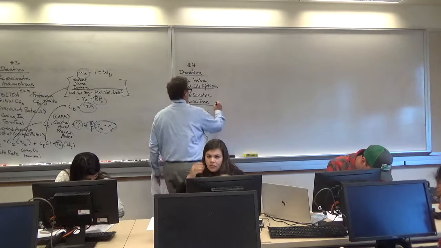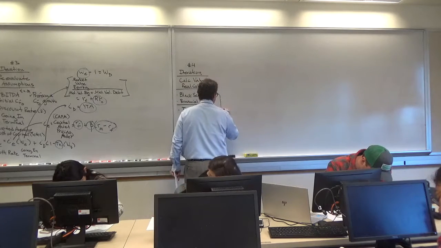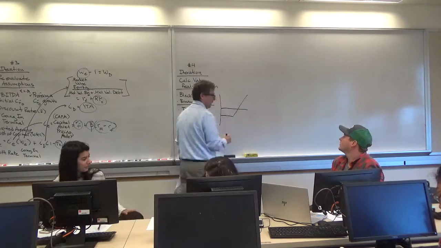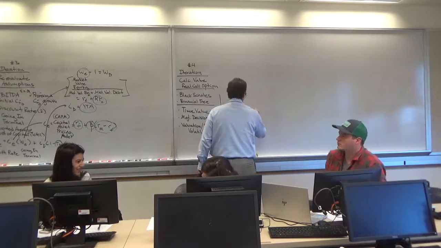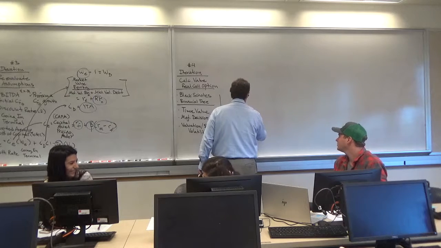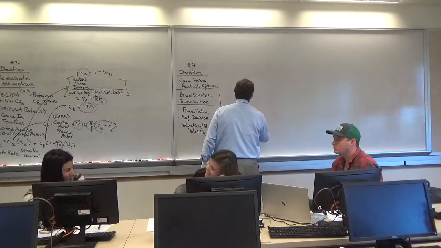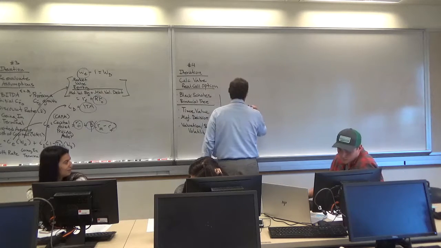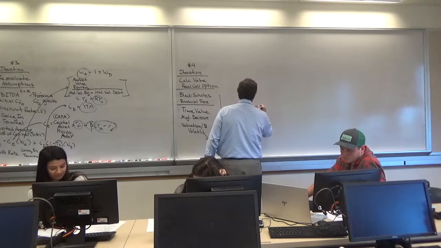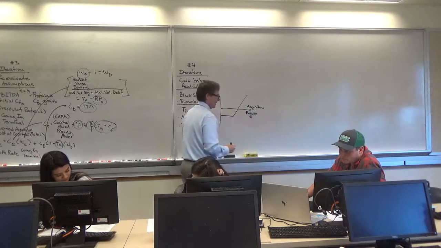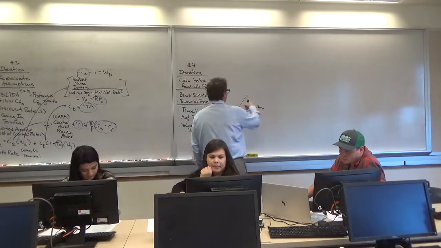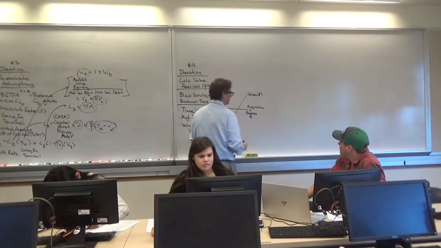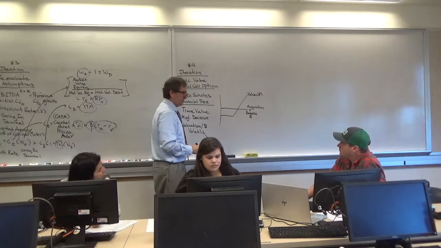Because we could have a scenario, we basically use the call option diagram. This is our exercise price, or our acquisition price. We're going to buy it at this. This is the value, price, firm.